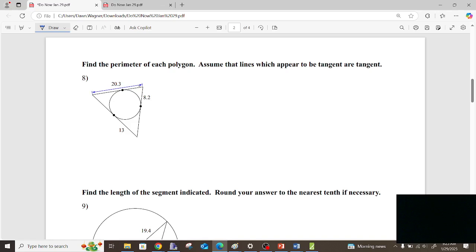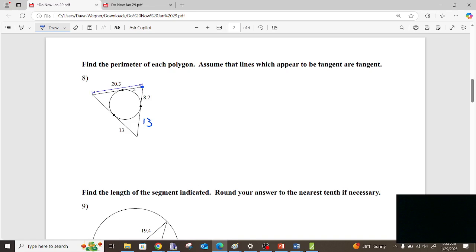We learned that if I have a point outside of a circle and I have tangent lines drawn, the point outside to that point of tangency is going to be equal on each side, right? So if I need to find perimeter, I need to find all these missing lengths. Well, if this side is 13, what's this side over here? 13.